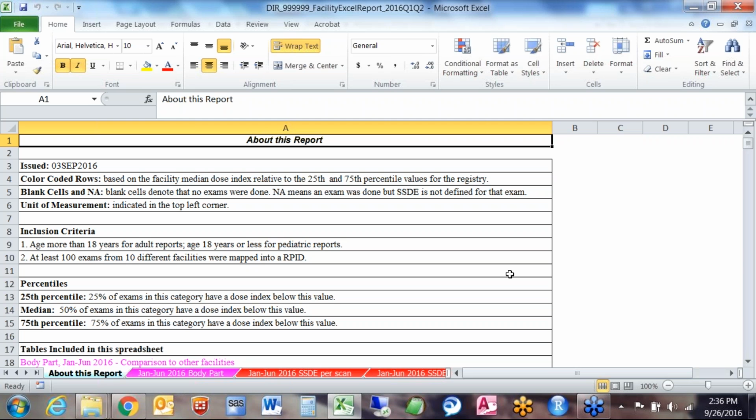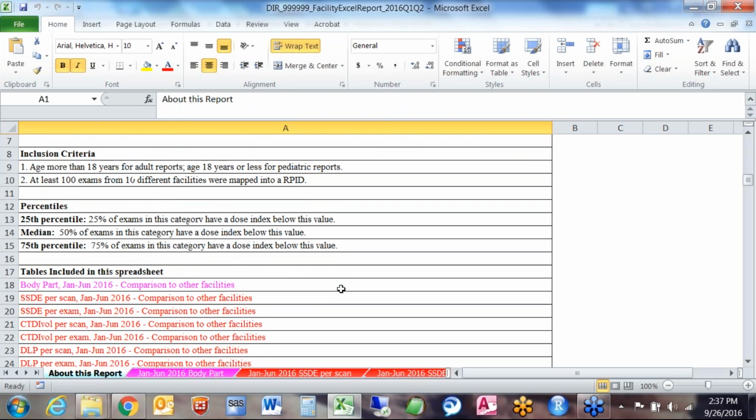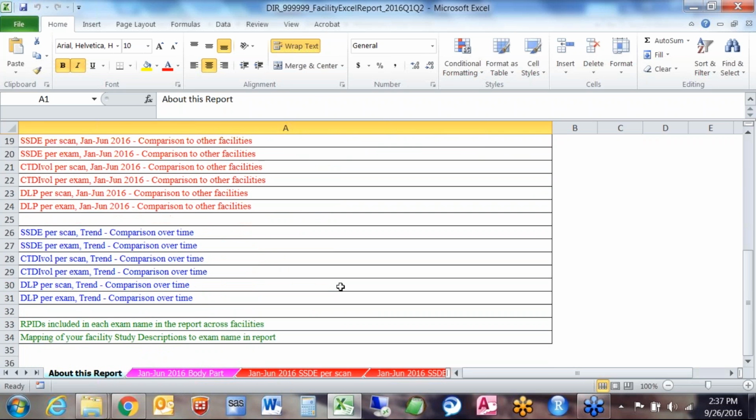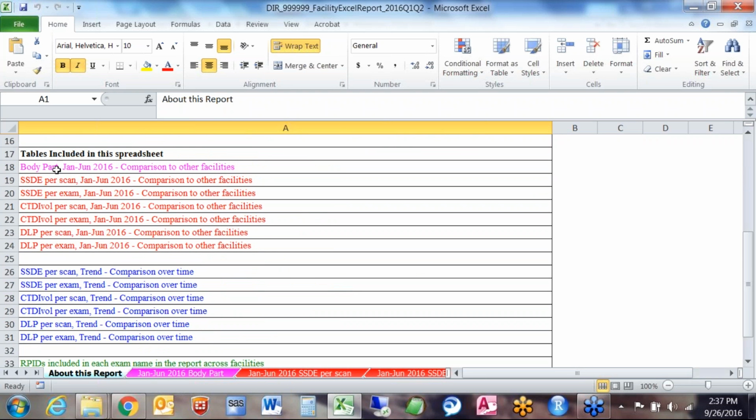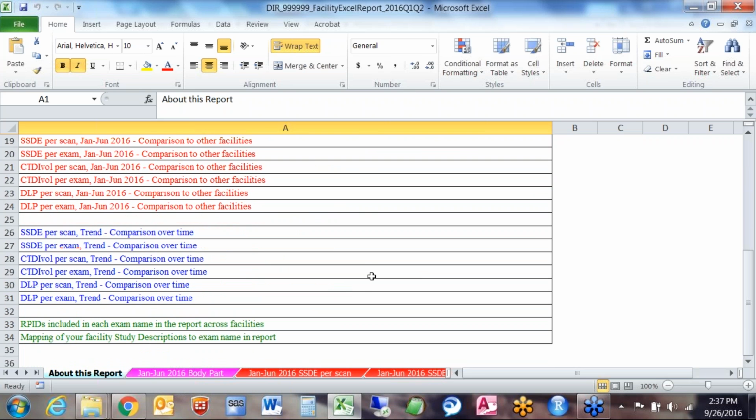You can read all of it, and it is very informative. It covers inclusion criteria, percentiles, how we interpret the percentiles, and what this report contains. We have organized it in color-coded tabs for you to understand that these are grouped together.